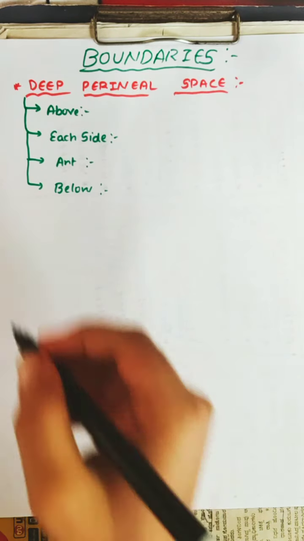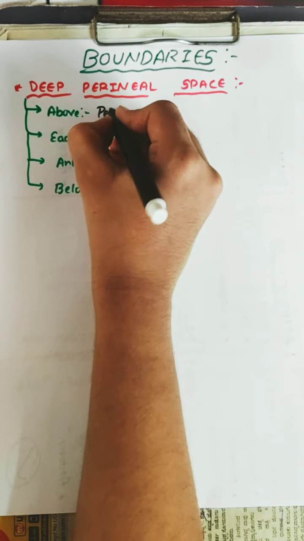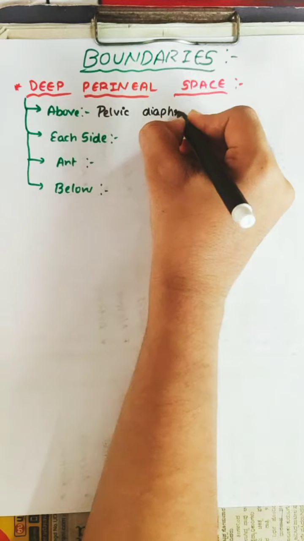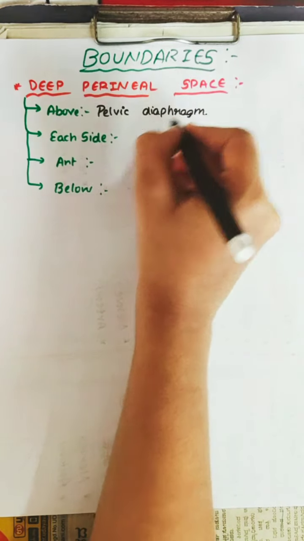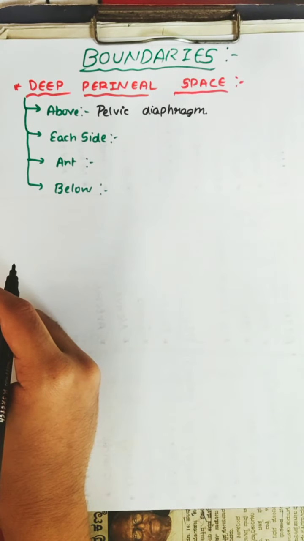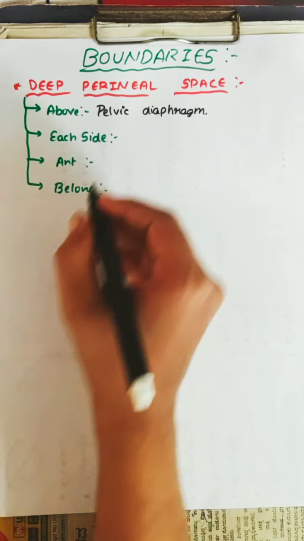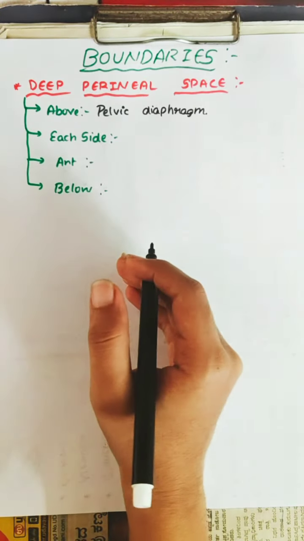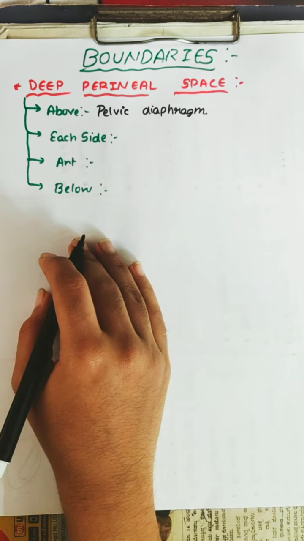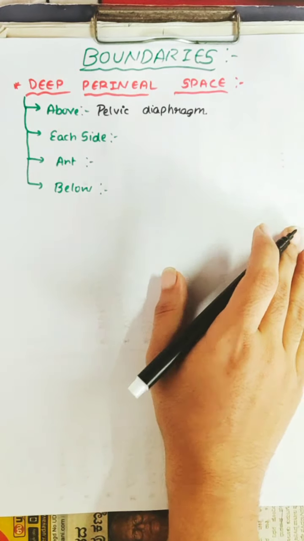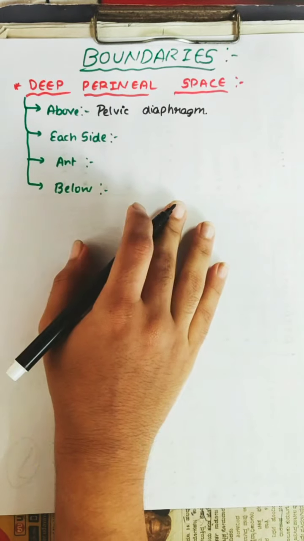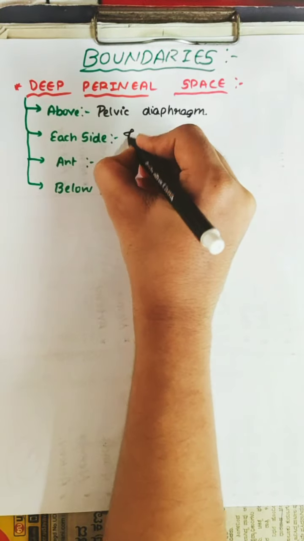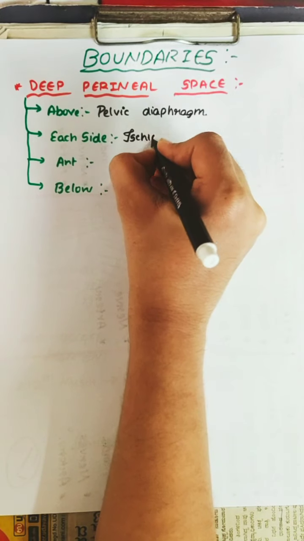Above it has the pelvic diaphragm, and on each side there is the ischiopubic ramus, and on the anterior side there is a gap between the anterior pubic ligament and the perineal membrane, but on the below side there is the perineal membrane.